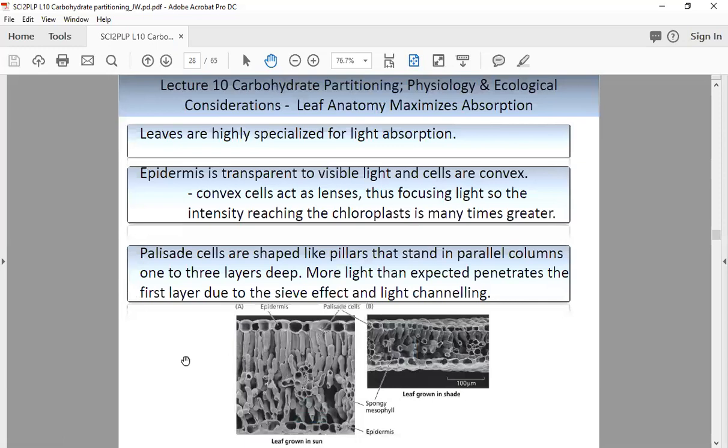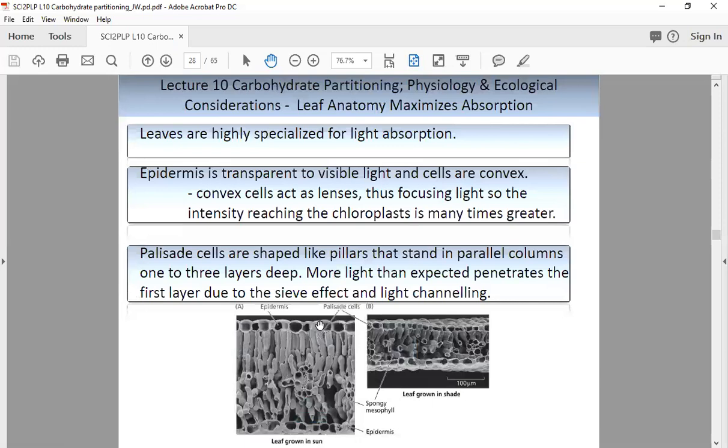So this is an interesting observation. Why are there often multiple layers of palisade cells? In other words, isn't all the light intercepted just by the uppermost layer of palisade cells that we can see here? In fact, they found that actually more light than expected penetrates that first layer because of 2 factors.